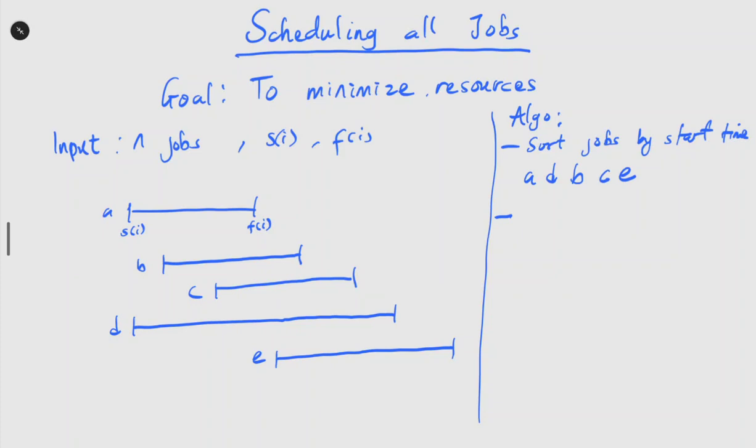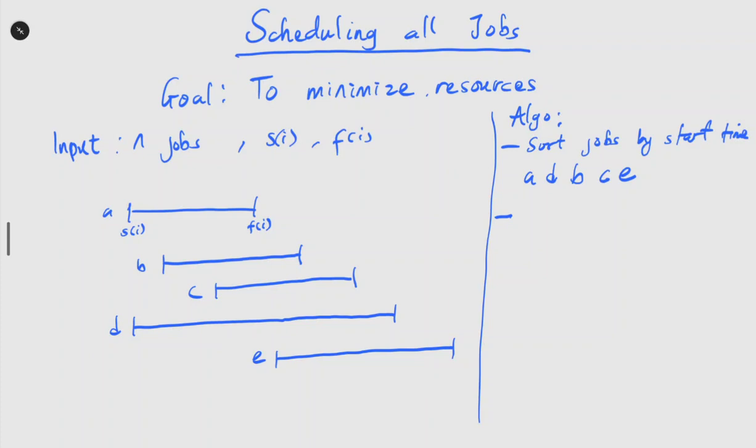For every job that overlaps, we allocate it to a new processor. But for any job that does not overlap with any of its predecessors, we let it use the same resource as one of its predecessors.